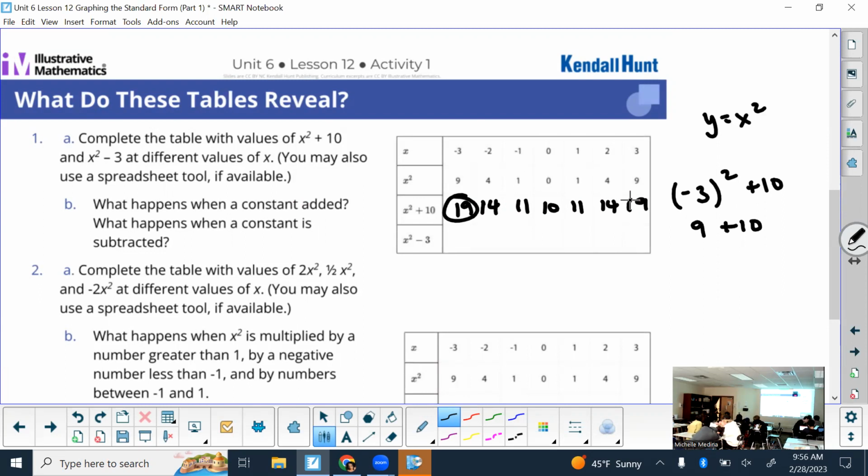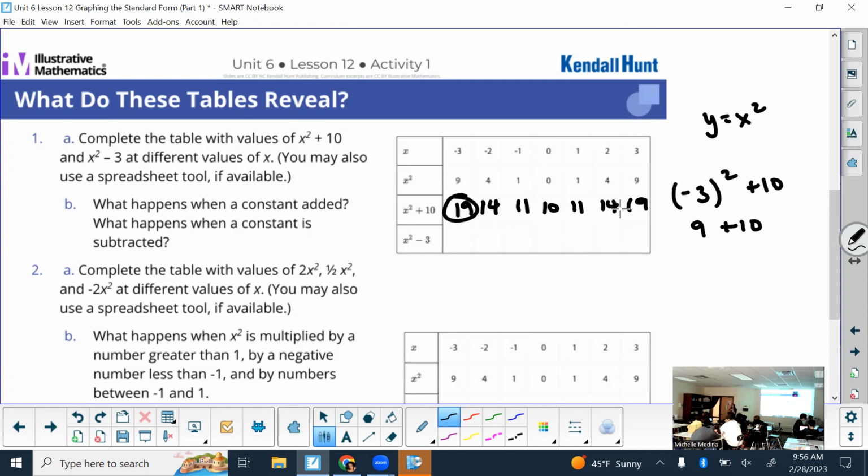Anyone notice anything about what we did? Hayden? The middle. So the middle is a singular number, and then it's the same numbers on each side of it. You guys notice that?